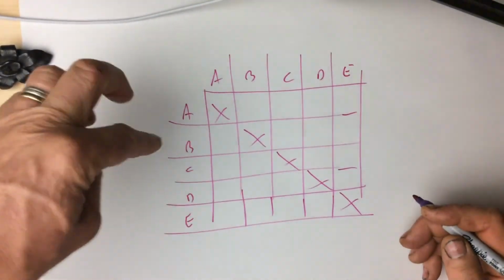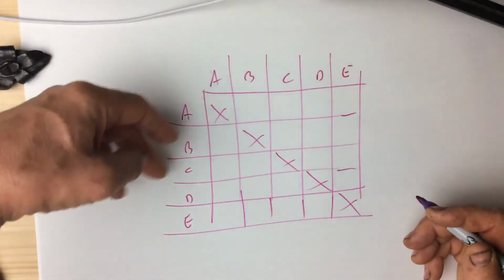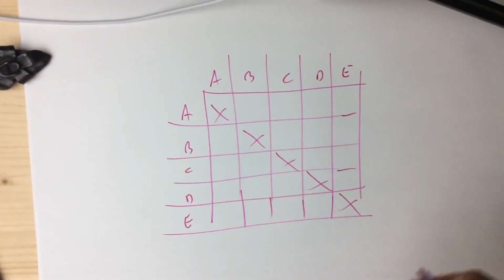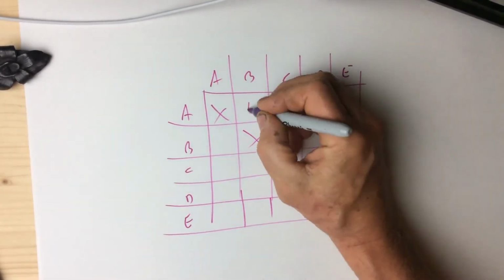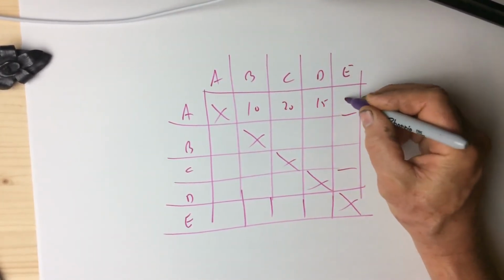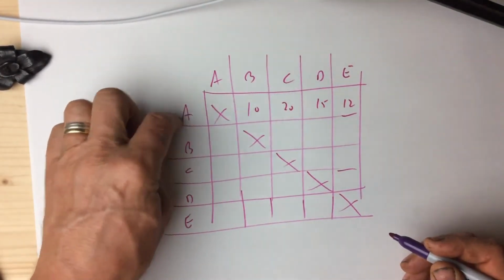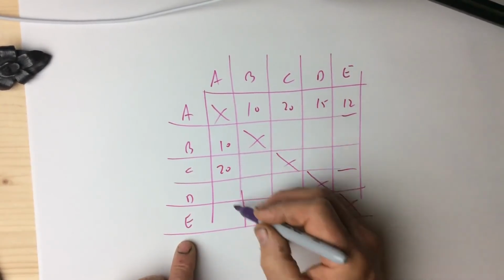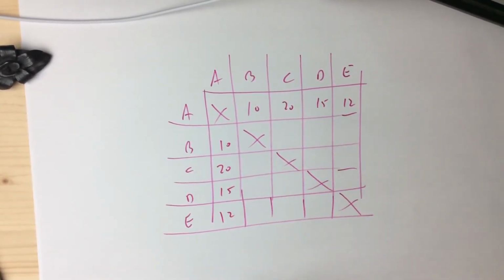So first off, we don't put in the zeros, since the distance or cost from A to A is 0, B to B is 0. And we assume all directions are the same there and back, but it doesn't have to be. So I can put in numbers like this. Cost from A to B is 10, 20, 15, 12.